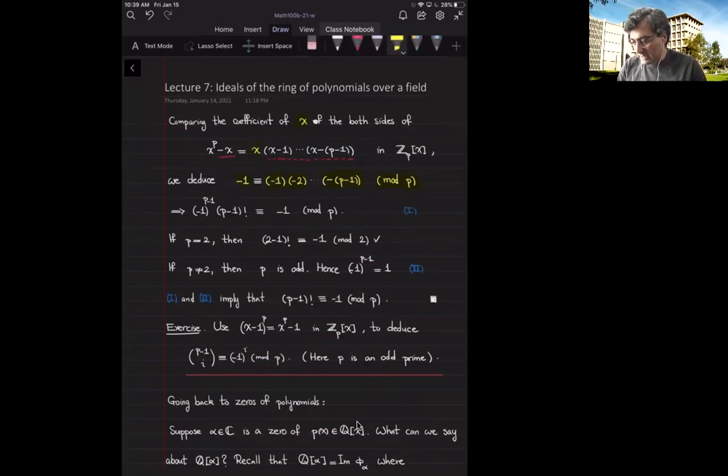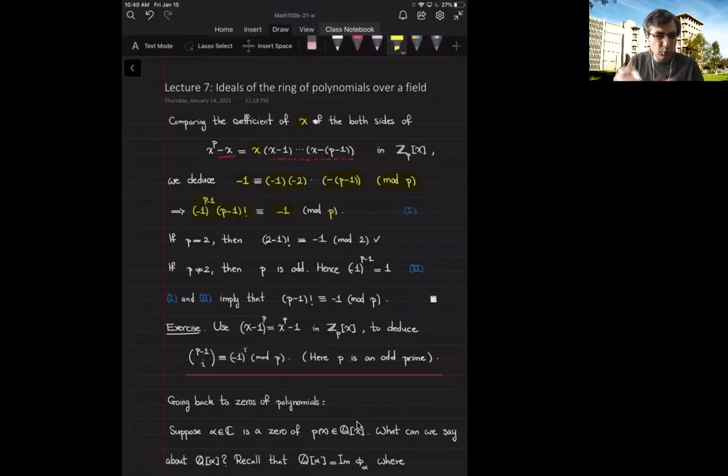Here we can factor out -1 from each of these parentheses, and I end up getting (-1) to the power p minus 1, and the rest is 1 times 2 times 3 ... (p minus 1), which is the definition of (p minus 1) factorial. So we get (-1)^(p-1) times (p minus 1) factorial, which is congruent to -1 mod p.